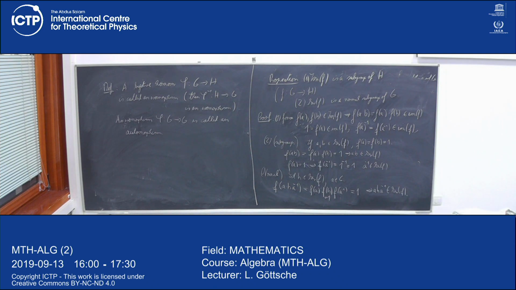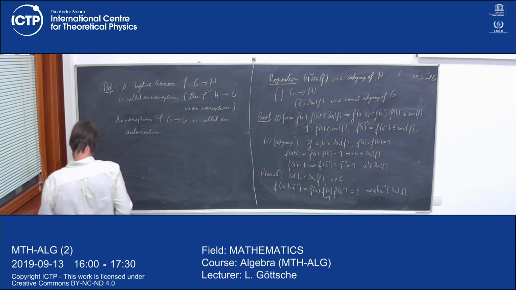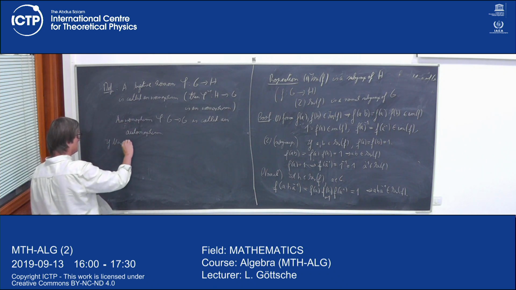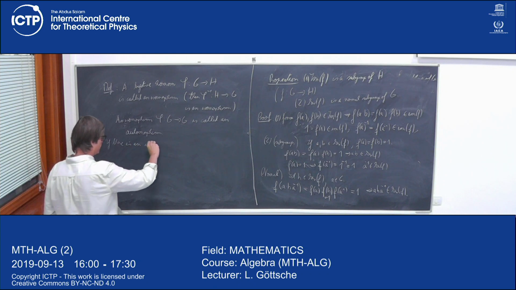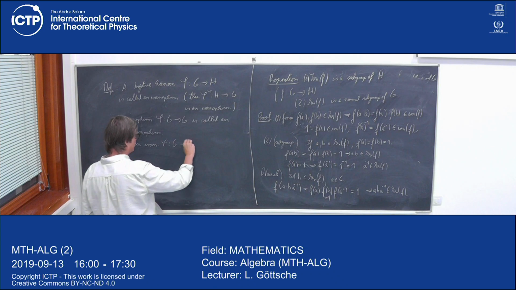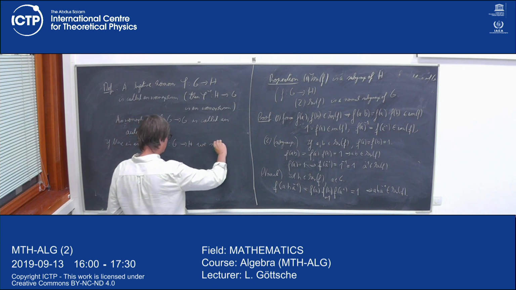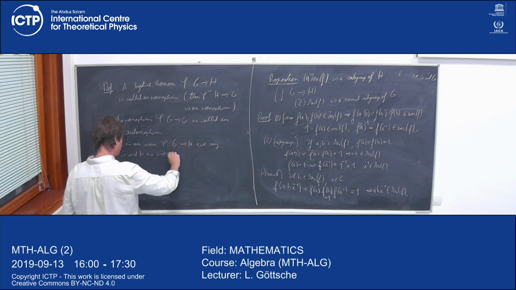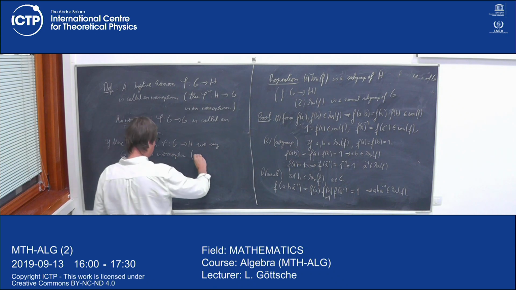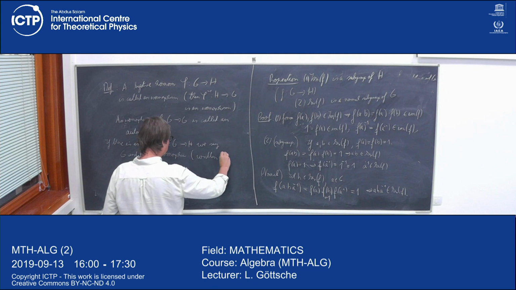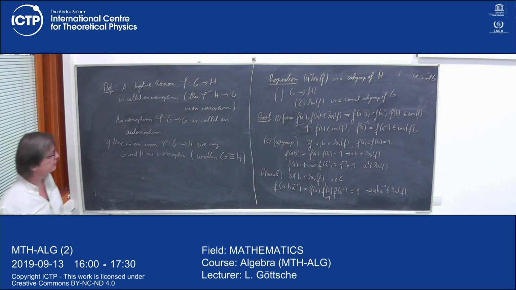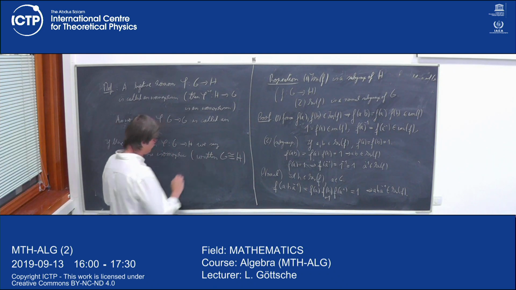So in this case, if there is an isomorphism φ from G to H, we say G and H are isomorphic, and we write this G isomorphic to H. It's clear from the definition that this is an equivalence relation between groups.